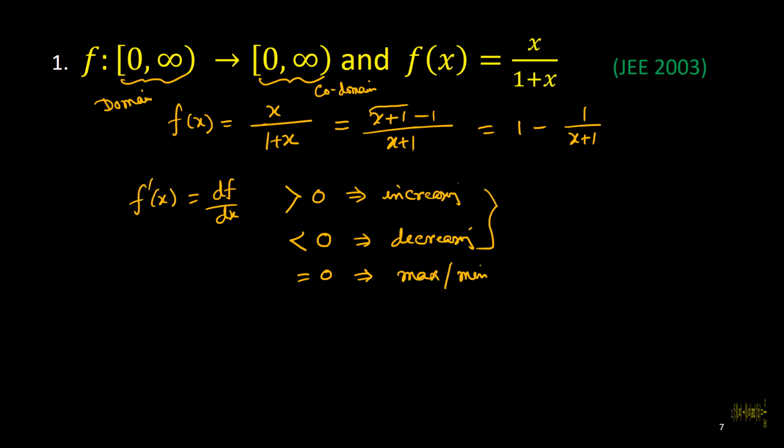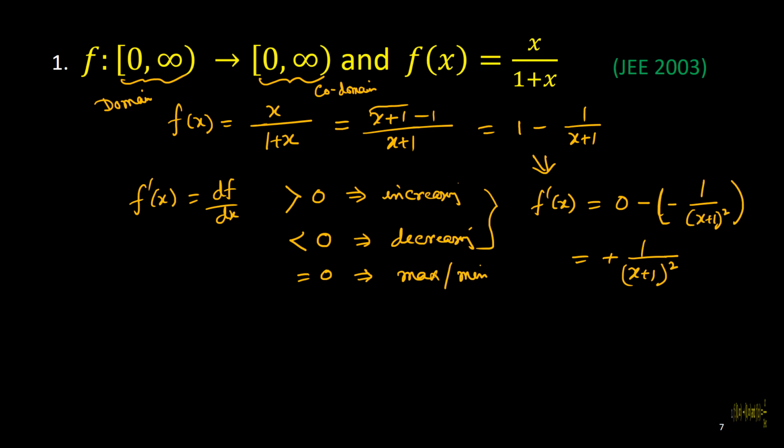You can use the same function as well to take the derivative, but if I consider this one, we can easily find its derivative. The first term 1, its derivative is 0, with the minus sign. For the second term, the derivative of 1 upon x plus 1 is minus 1 upon x plus 1 whole square. So this minus and minus will become plus 1 upon x plus 1 whole square.